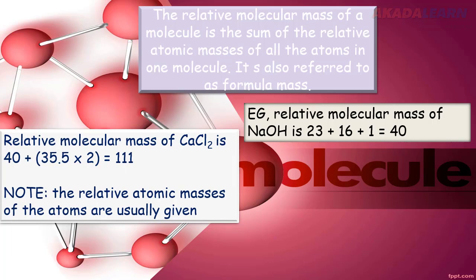The relative molecular mass of calcium chloride, CaCl2, is 40, which is the mass of calcium, plus 35.5 times 2, since the mass of chlorine is 35.5 and there are two of them. If you do this addition, you end up with 111. Note, the relative atomic masses of the atoms are usually given in all questions.